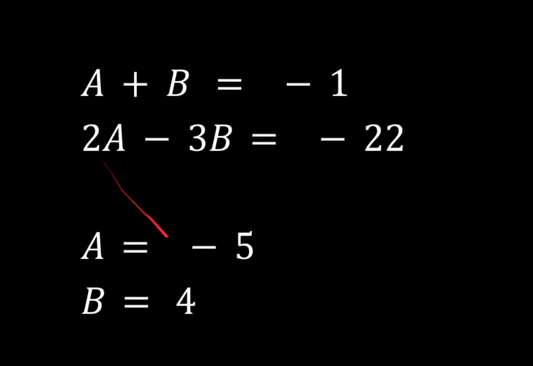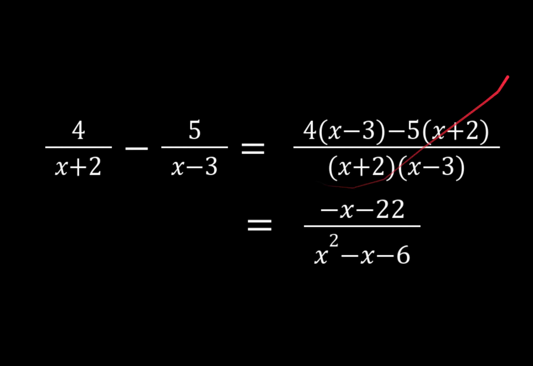If you solve this, you will get a equals -5, b equals 4. We can check that. -5 plus 4, -1. -10 minus 12 equals -22. And if you noticed it already, this is the same kind of math we're actually doing over here.